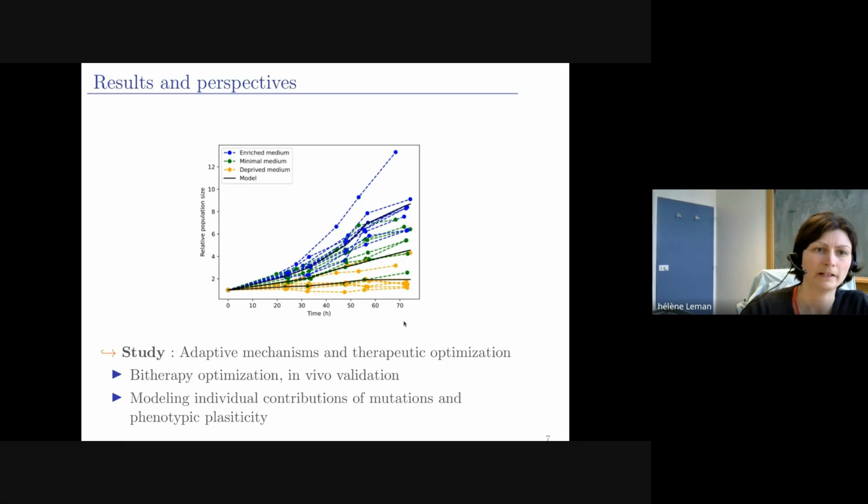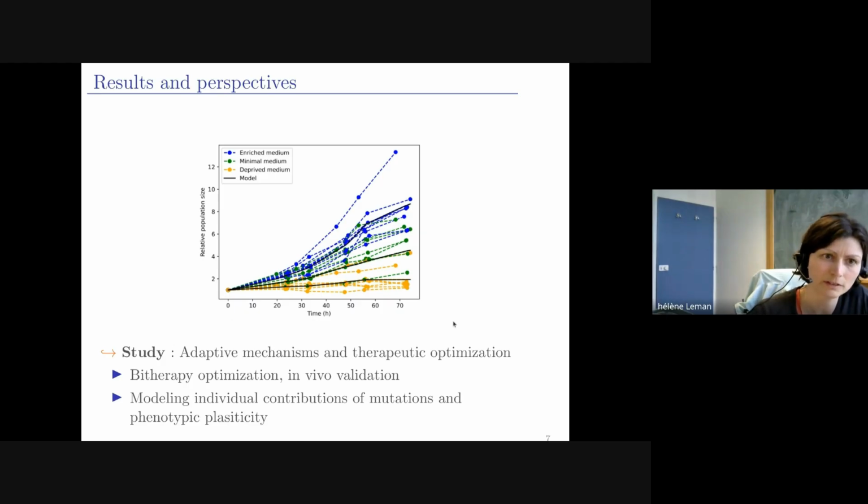For example, by analyzing our three conditions, we were able to determine, here in the picture you see the different replicates, and the colors represent the different media, that the intermediate growth rate here in green was due to a higher mortality rate, whereas the lowest growth rate is due to a stop in proliferation, which is really different from a genetic point of view.